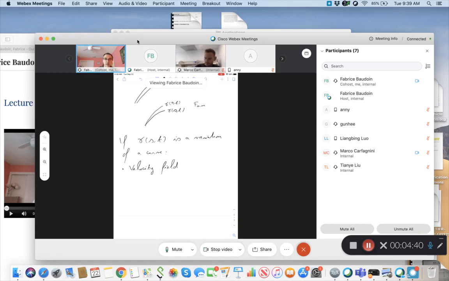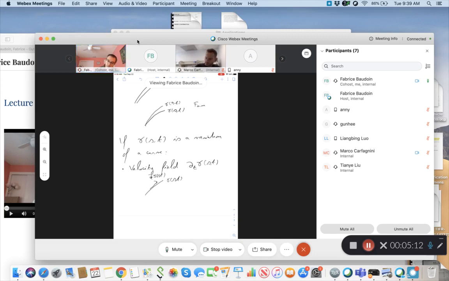It's simply given by the derivative of gamma with respect to t, so this is d/dt of gamma of s,t. Okay, so these are the tangents to the curves. So the velocity field is simply tangent to each of the curves. So if you have gamma of s,t, the velocity field is here.